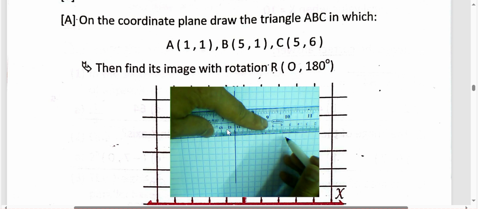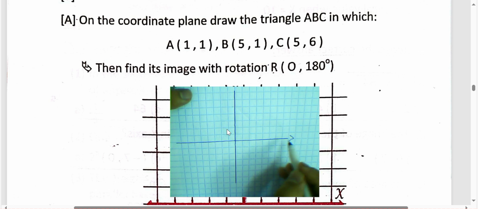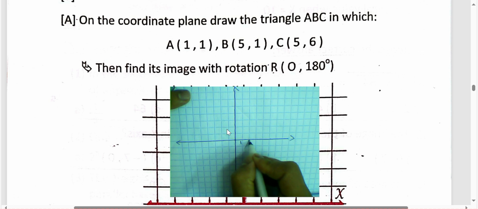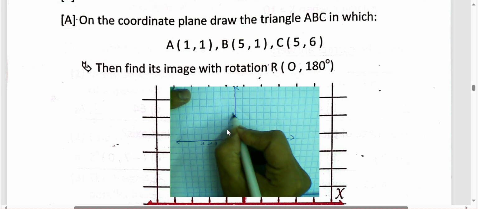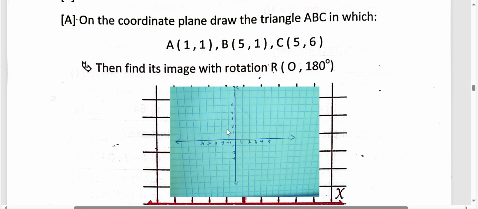They are perpendicular at a point. This point we call the origin, (0, 0). Mark 1, 2, 3, 4, 5 and negative 1, negative 2, negative 3, negative 4, negative 5 on the axes.